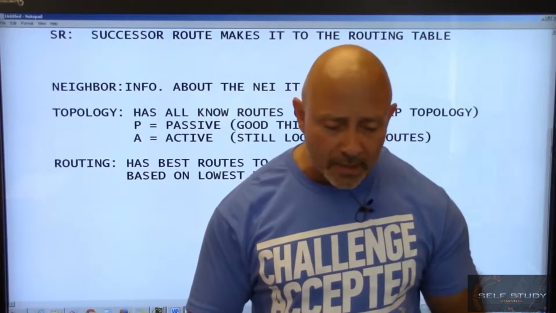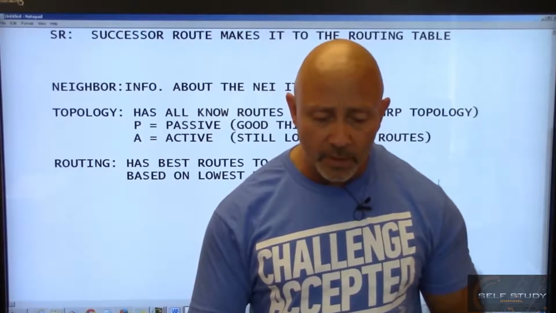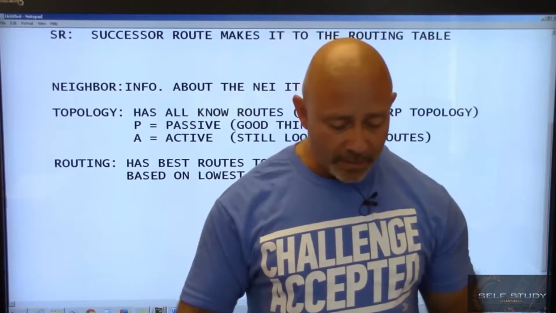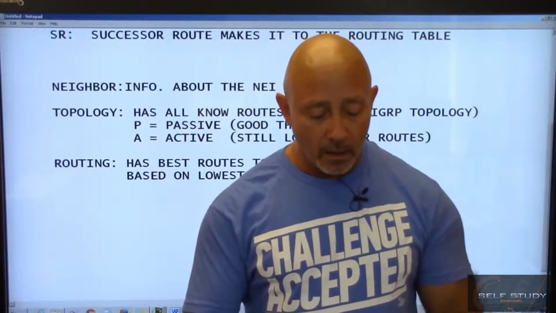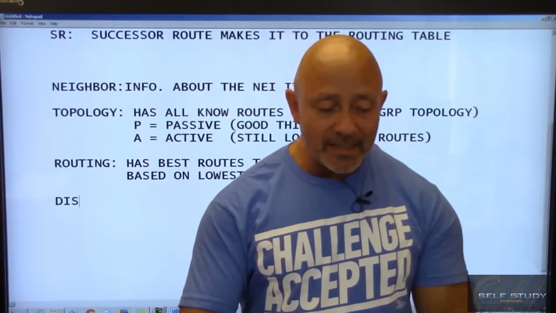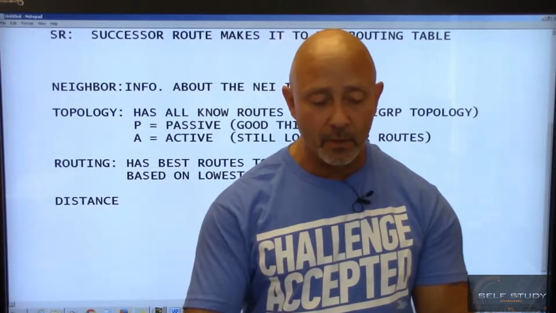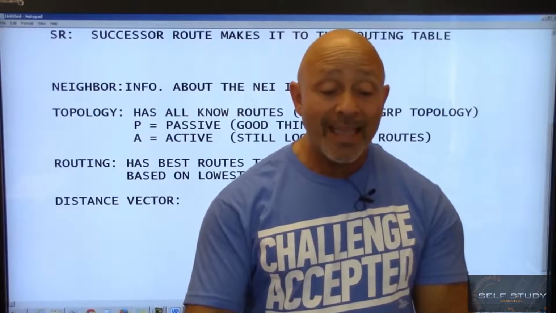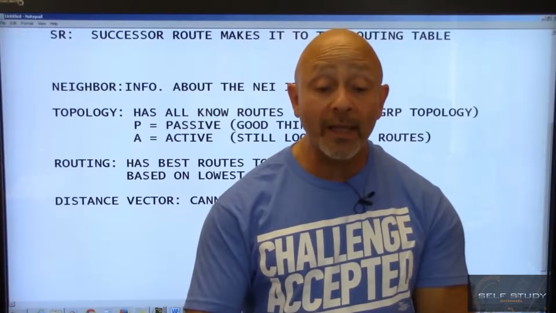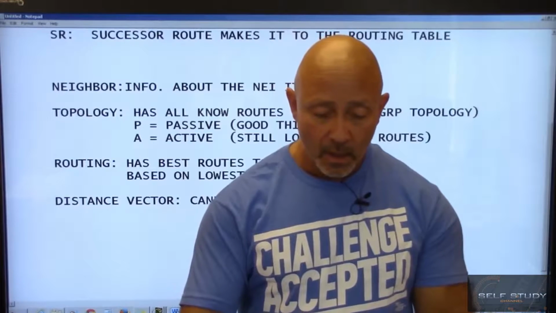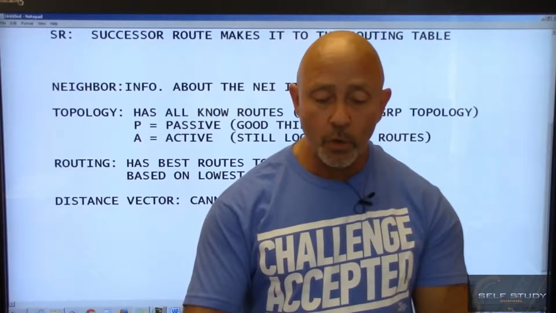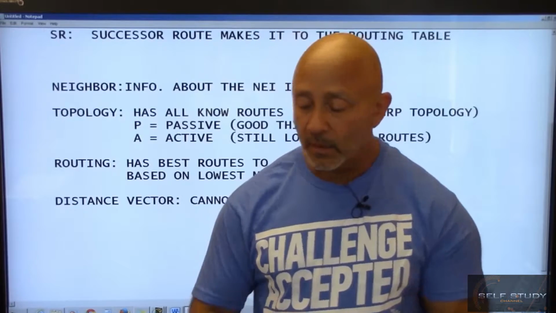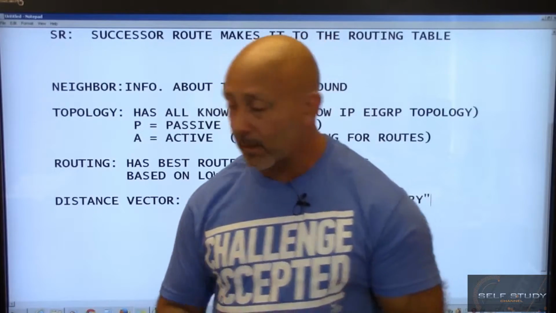I'll get out of the way so you can see it, but I'm going to write it first, because I have a full screen and I know I'm so huge that you can't see it. Since it's still a distance vector, I don't care if it's a hybrid or an advanced distance vector, it's a distance vector nonetheless. You cannot forget, and I'll put it in quotes, "no auto-summary."